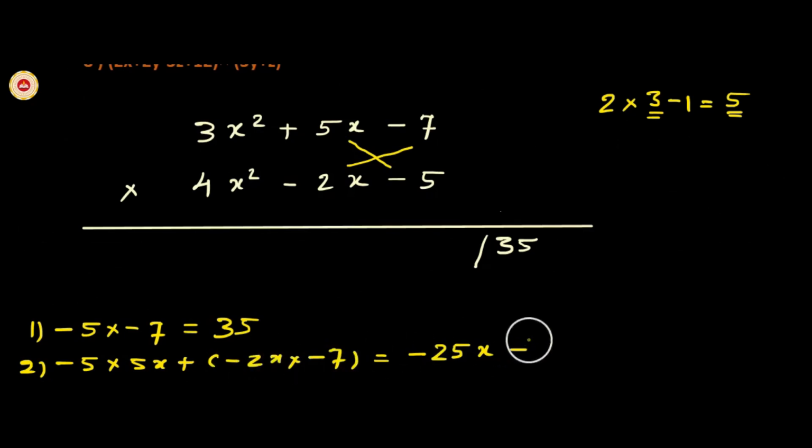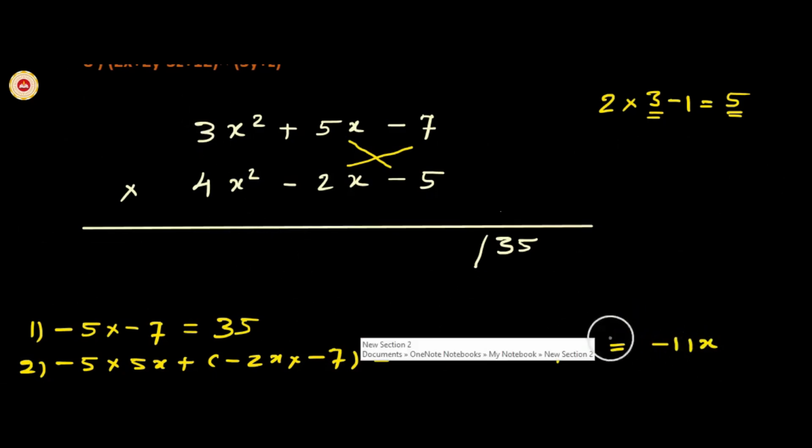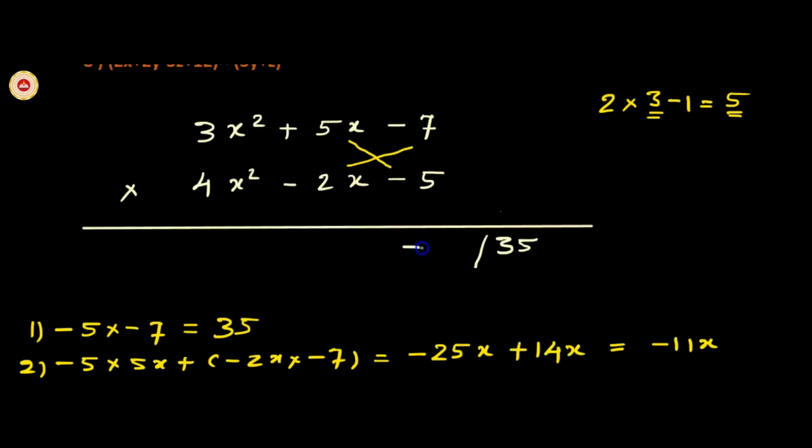Okay, so minus 25x plus 14x, which is equal to 25 minus 14, 11, minus 11x. Okay, so minus 11x is the answer after the second step. See, minus 11x. Draw a slash. Okay, so friends, write these 2 steps.